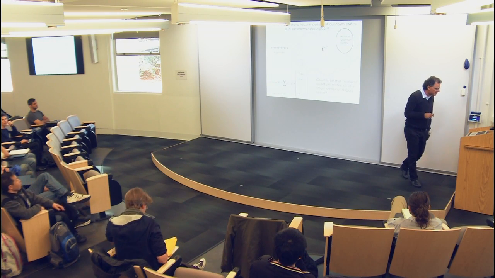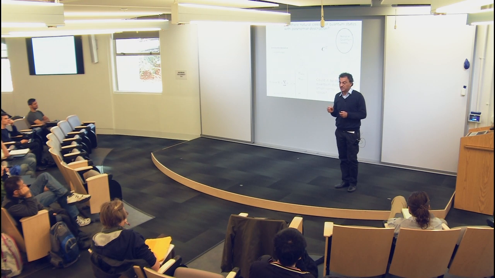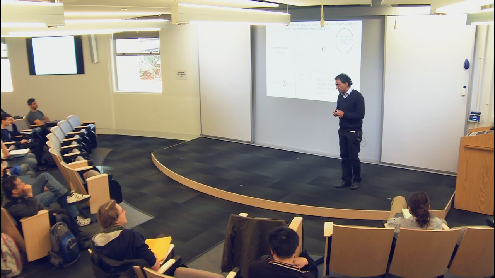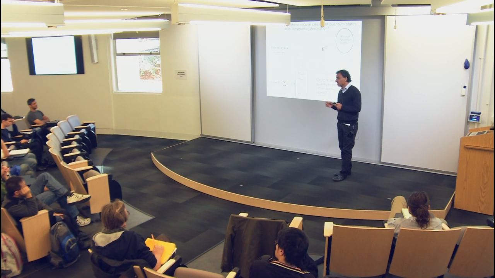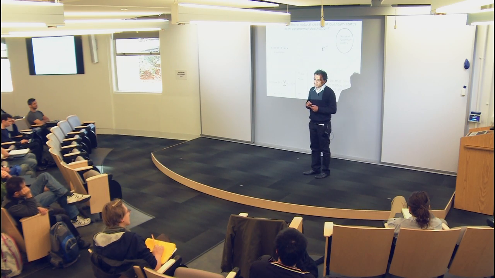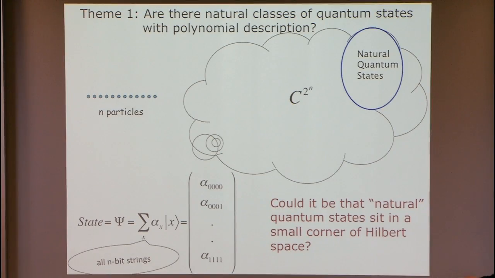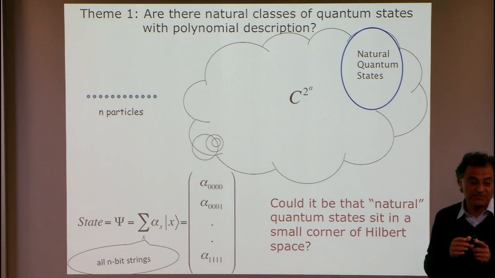Okay, so let's go back. So far we talked about the hardness of finding quantum states. The QMA-completeness really showed us that in general, ground states of quantum Hamiltonians are very hard. Even approximating the ground energy can be a very hard task. But let's go back to this question: are there natural classes of quantum states for which there's a polynomial description? It's obvious that if we are going to be looking at ground states of local Hamiltonians, we have to restrict them further.